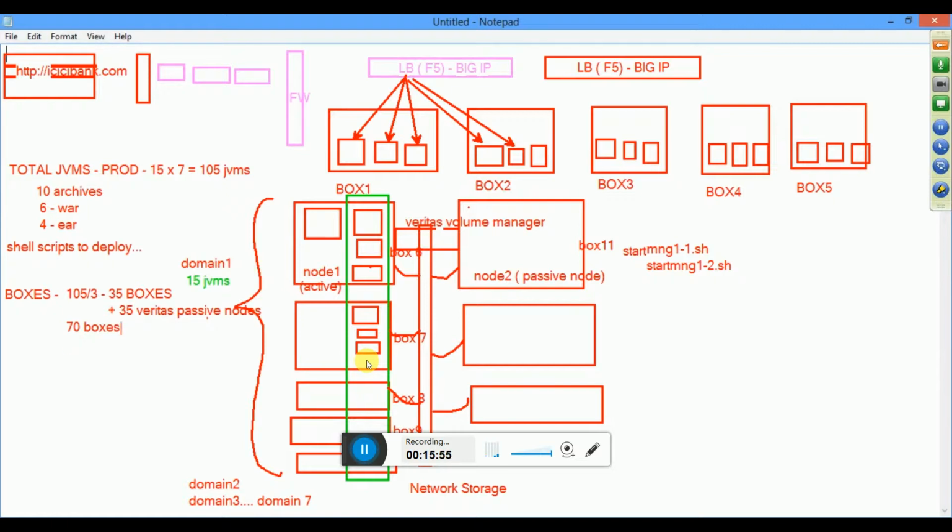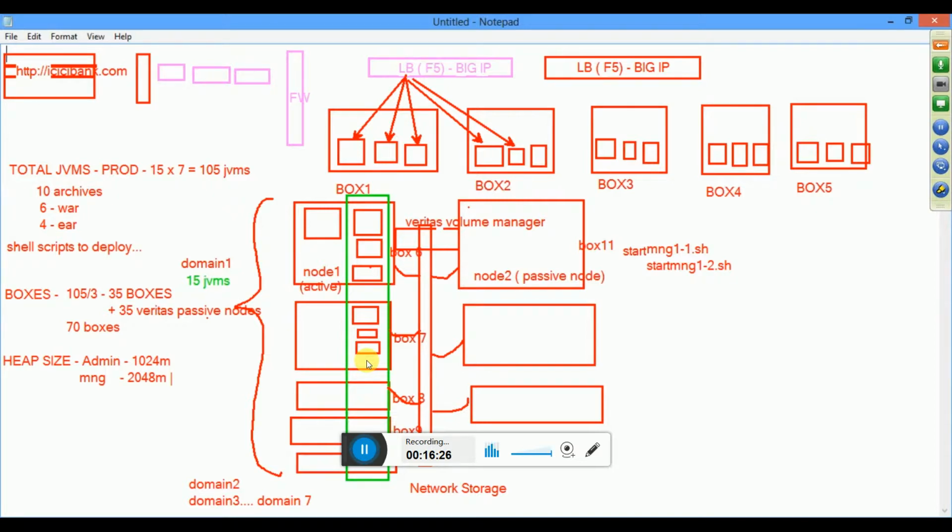Alright. Now come to the JVMs. JVMs we already calculated. Boxes we have calculated. Heap size. Heap size we have for admin server in production, it will be double especially. So you will have 1024 for admin, and for managed servers 2048. You may get a question like, why only 2048? Why not 3 GB or why not 4 GB?